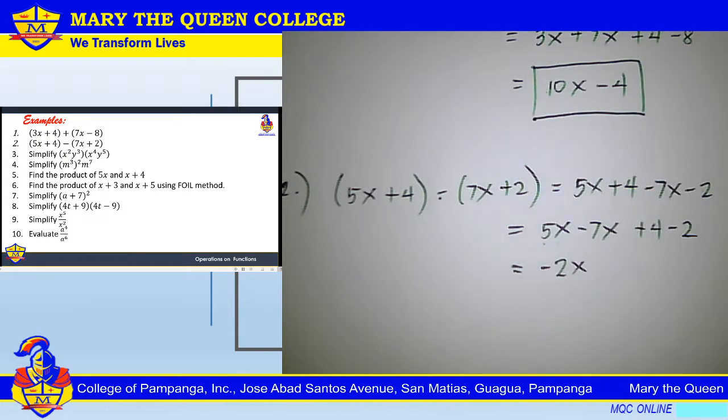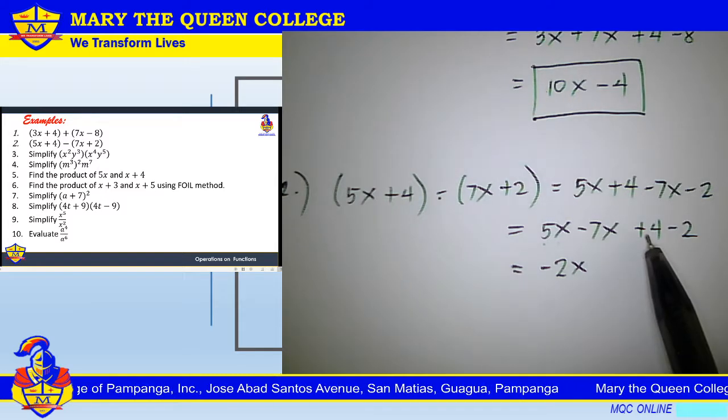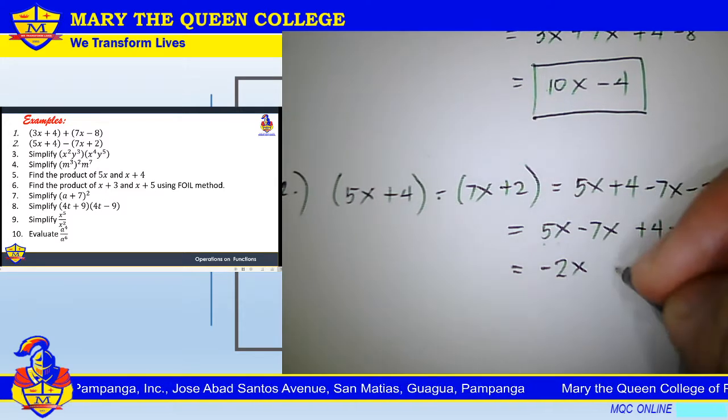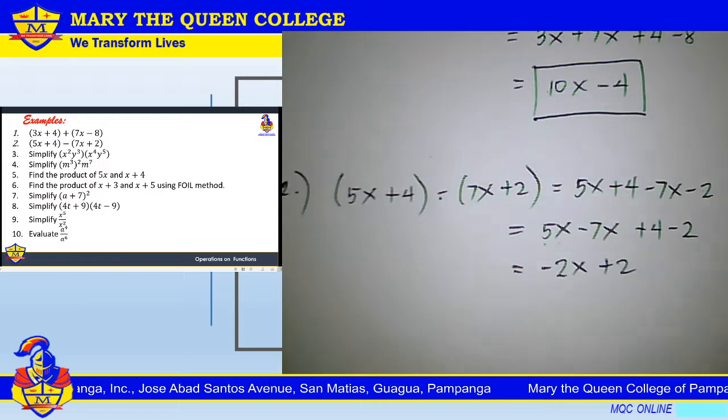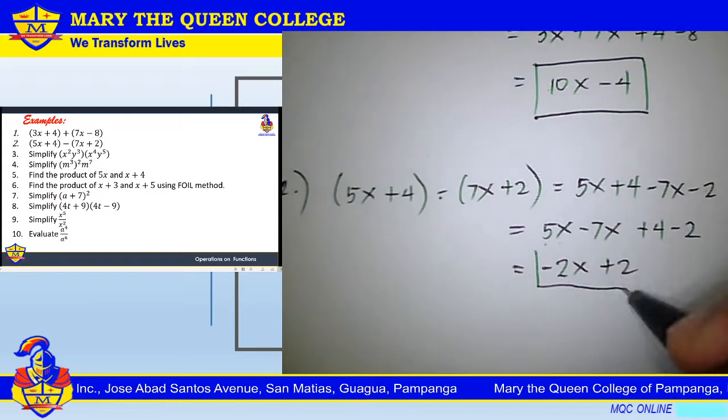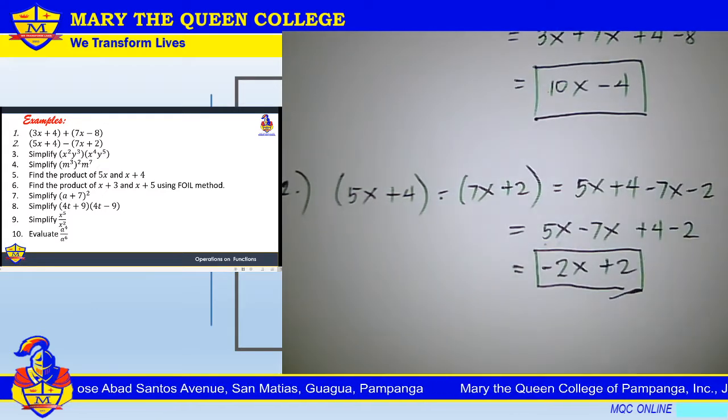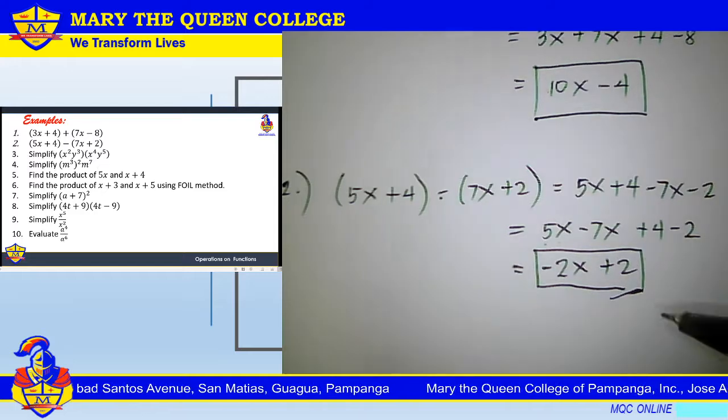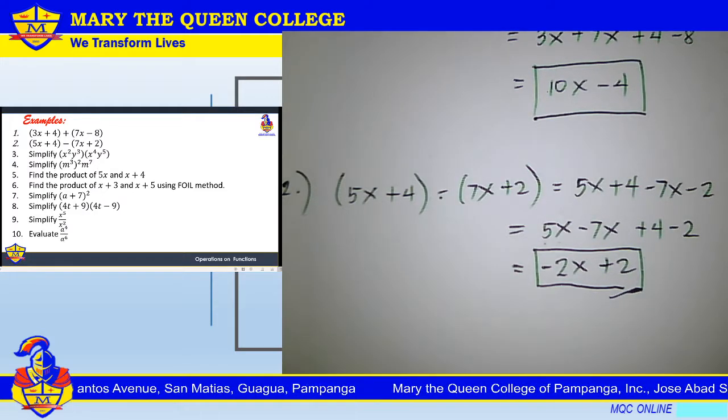Copy their variable. 4, positive 4 minus 2, that is plus 2. So this would be our difference. Okay? So ito po yung ating magiging sagot for number 2. Okay? Any question? Okay. Next.